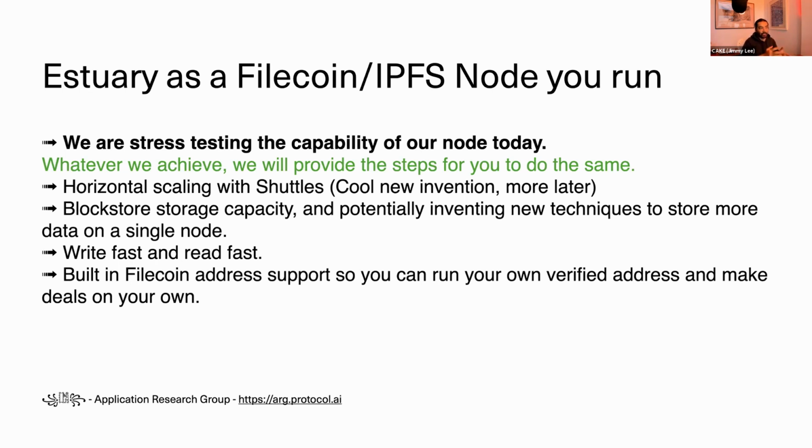We're experimenting with more block storage capacity. We want to focus on write fast, read fast, and we have a built-in Filecoin address that is part of the Estuary node itself. So if you're running your Estuary node, you have a Filecoin address as well. So that's pretty cool, and we have tools to manage that.